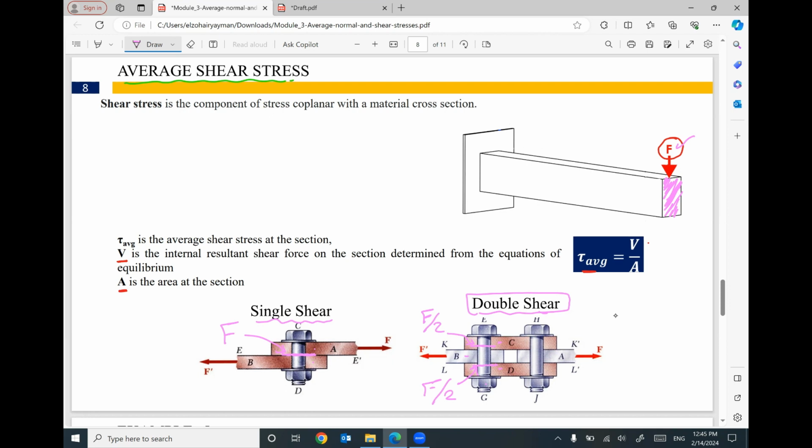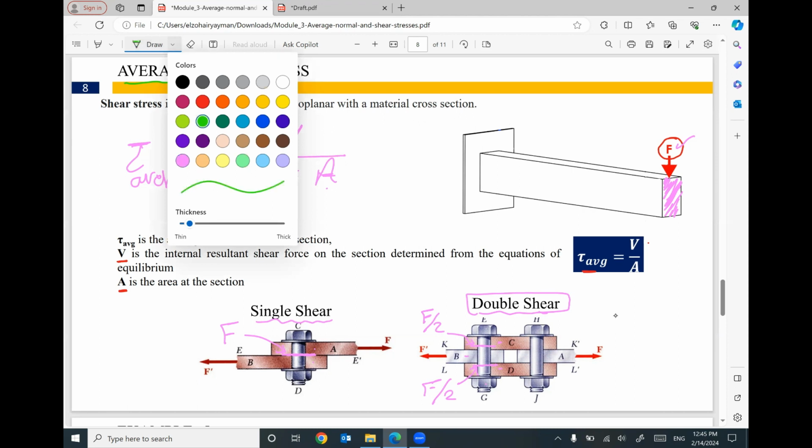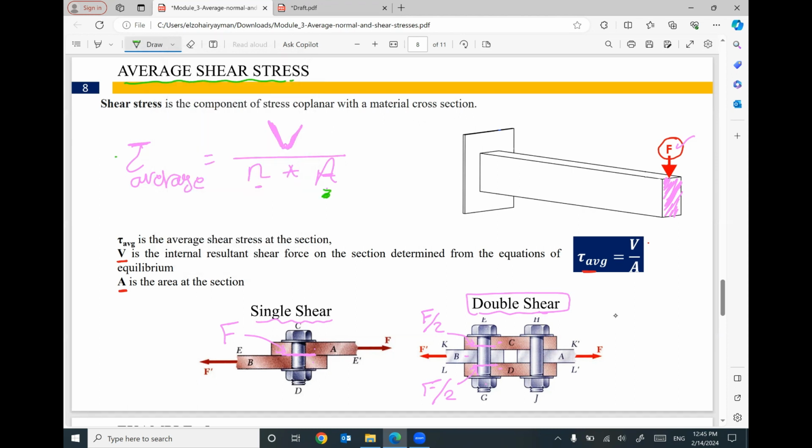So if you would like to be more accurate, I do recommend to say that the tau average, the average shear stress, equals the applied shear force divided by N times area. This is to be more accurate. Area is the cross section of the member.